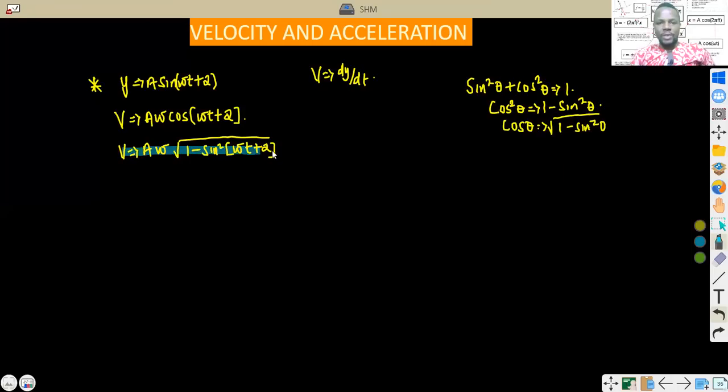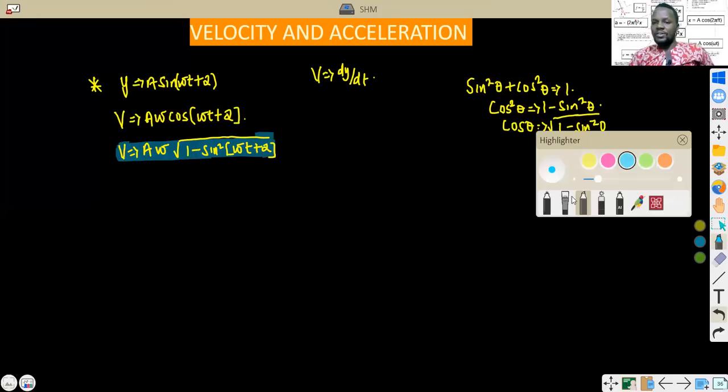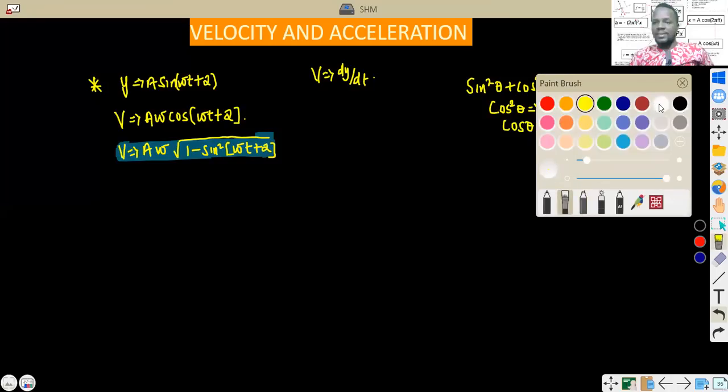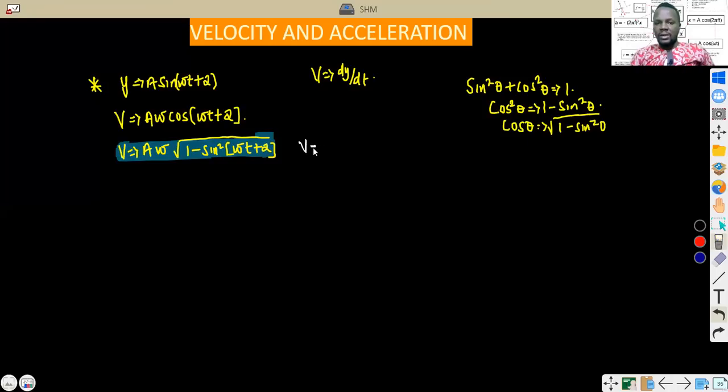Now, this formula you see here is used to calculate the velocity of a body undergoing simple harmonic motion when it is given as a function of time. What do I mean by velocity as a function of time?